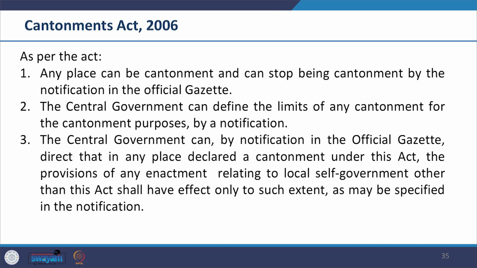Furthermore, we can see that the central government can define the limits of any cantonment. The central government can, by notification in the official gazette, direct that in any place declared a cantonment under this Act, the provision of any enactment relating to self-government other than this Act. So they have the power to give more orders in the place.